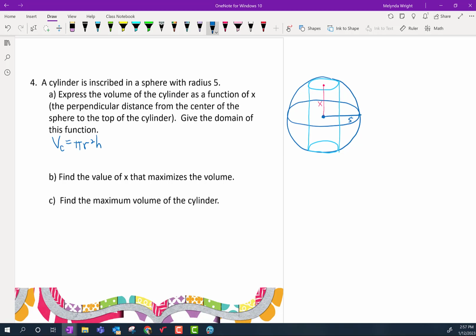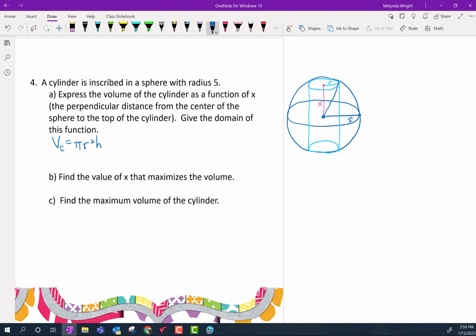So I need to figure out how to put stuff in terms of that weird x. The r in this formula is not the r for the sphere, it's the r for the cylinder, so I'm going to draw that in. That's r. Now, we know the radius of the whole sphere is 5, so that's 5 also.